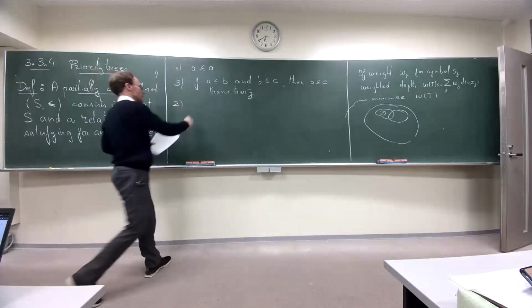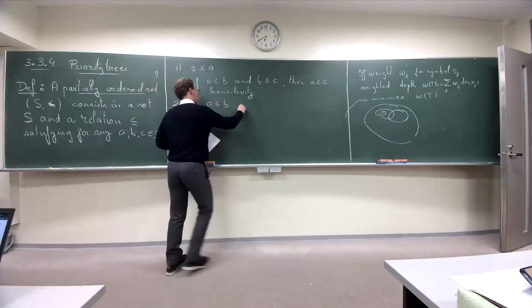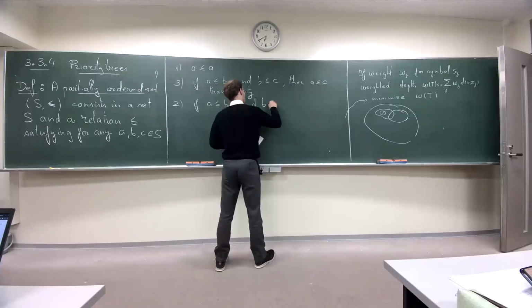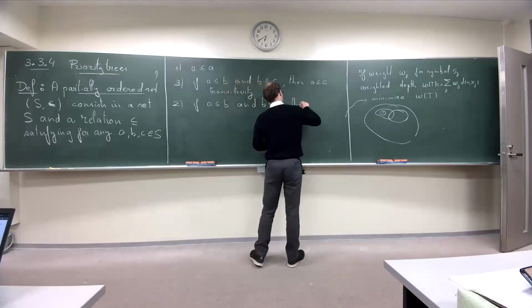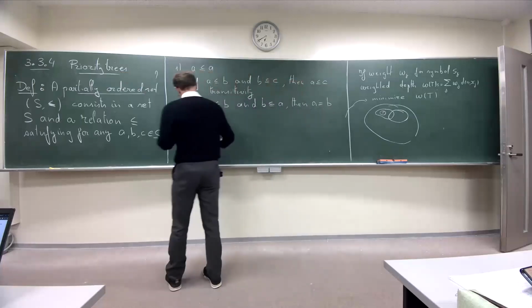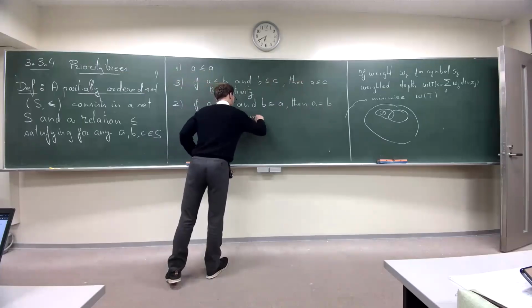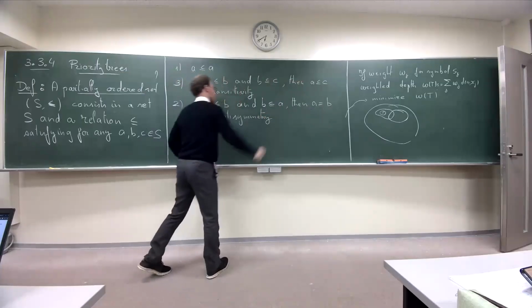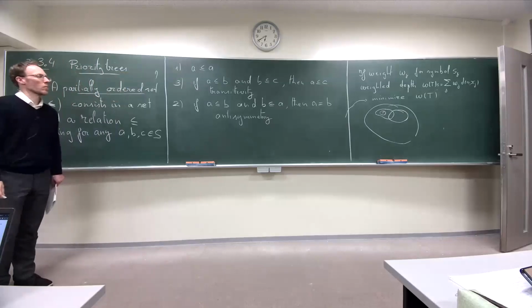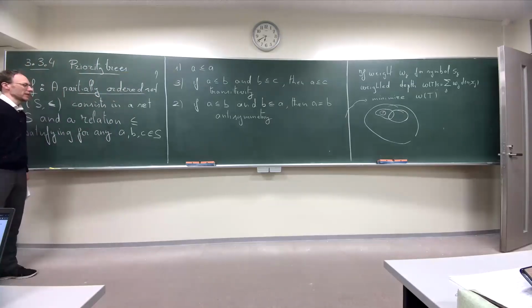The number 2 is, if A is smaller or equal to B and B is smaller or equal to A, then A is equal to B. This is called antisymmetry.